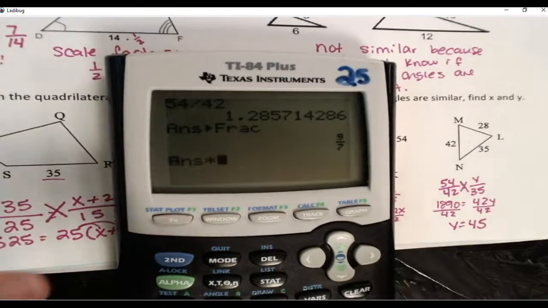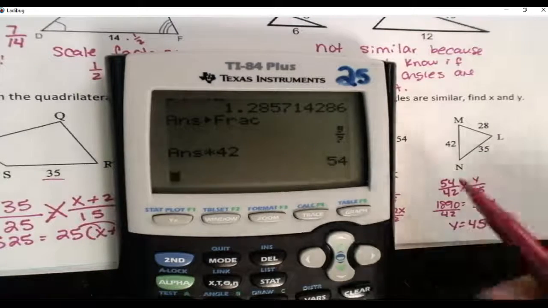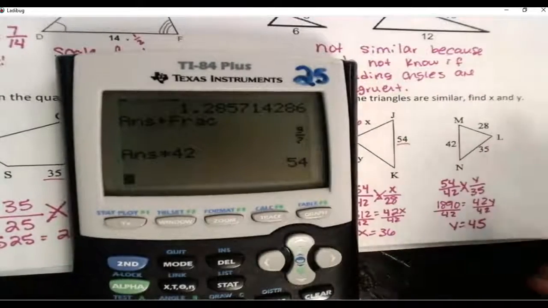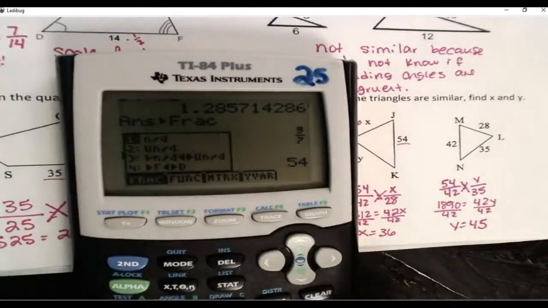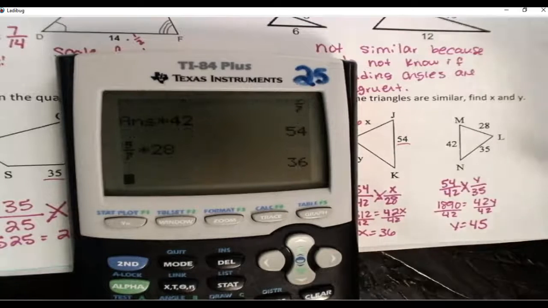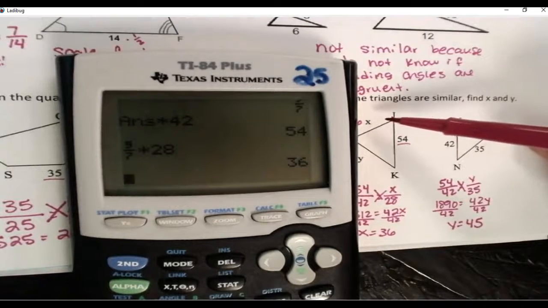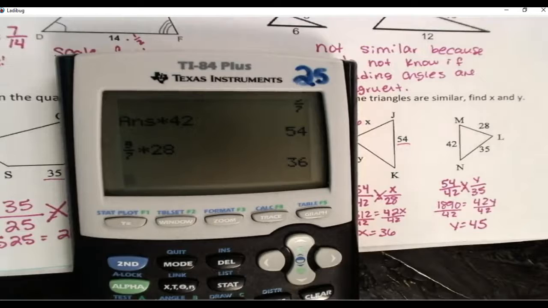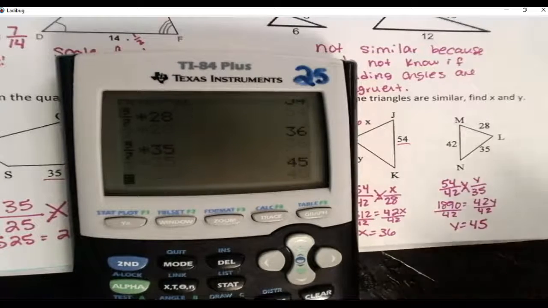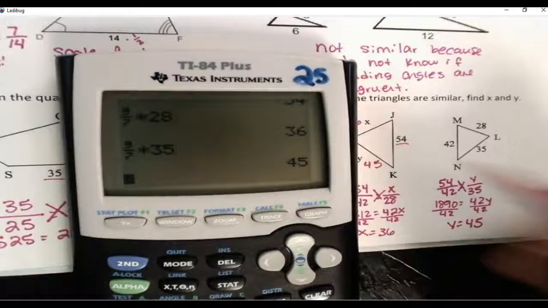So if I multiply 9/7 by 42, I get 54. Well then, if I'm looking for x and y, I can do the same with the 28. So I can do 9/7 times 28, and that gives me 36. Well, that was our x. And then if I do 9/7 times 35, I get 45, which was our y.